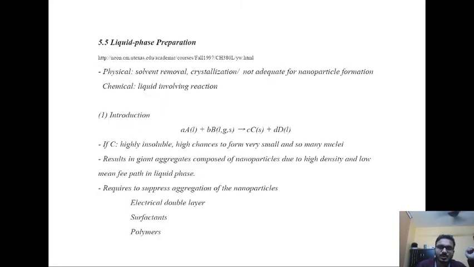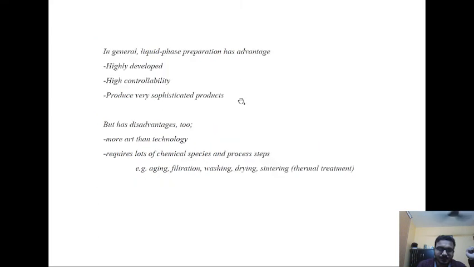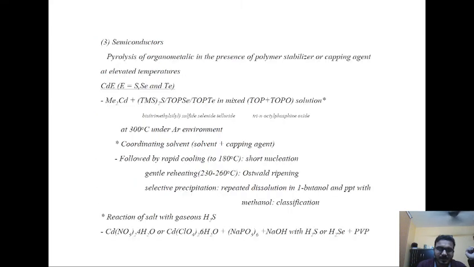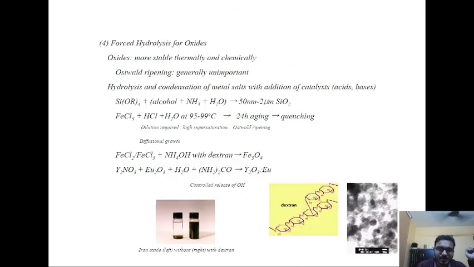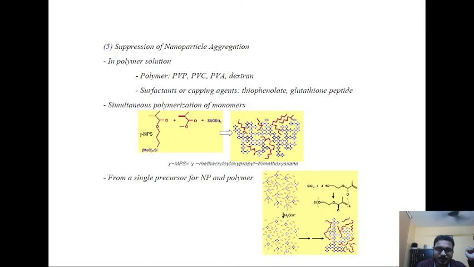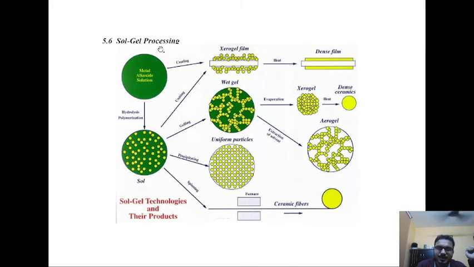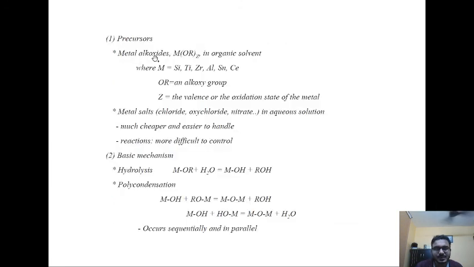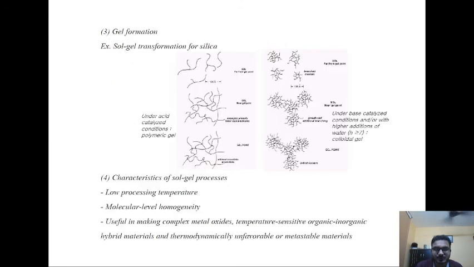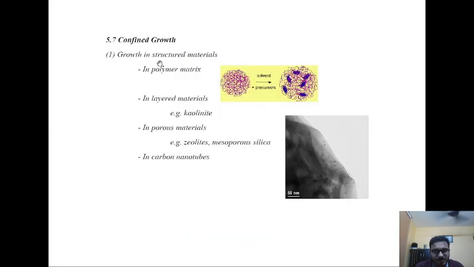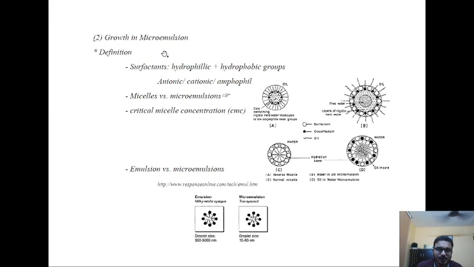Then we discussed liquid phase preparation: metal nanoparticles, semiconductors, forced hydrolysis for oxides, suppression of nanoparticle aggregation, etc. Then we discussed sol gel processing, that is precursors, basic mechanism, gel formation, characteristics of sol gel processes, and then we discussed confined growth, which has growth in structured material and growth in microemulsion.